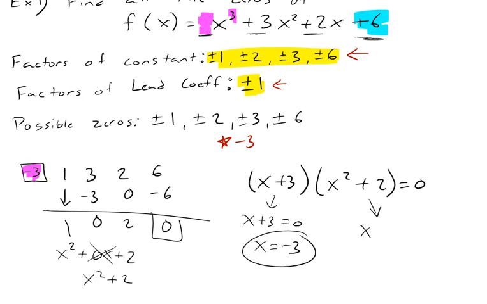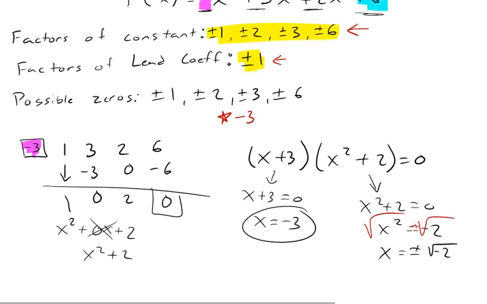This becomes x squared plus 2 equals 0. Subtract the 2, x squared equals negative 2. Square root, plus or minus, and solve. And I don't want to keep the negative inside, so this actually becomes x equals plus or minus i radical 2.